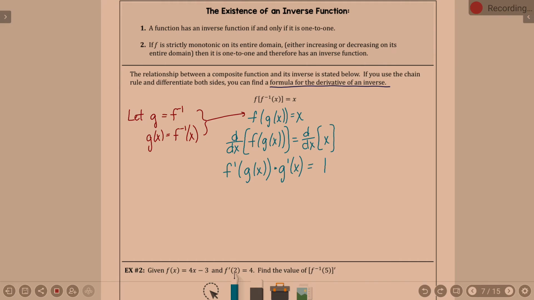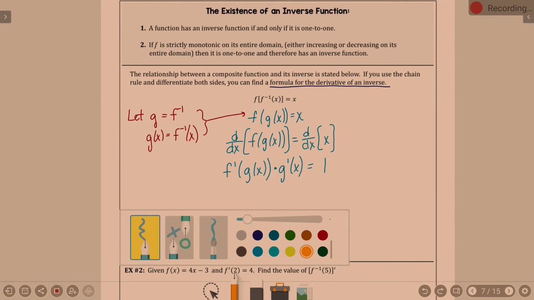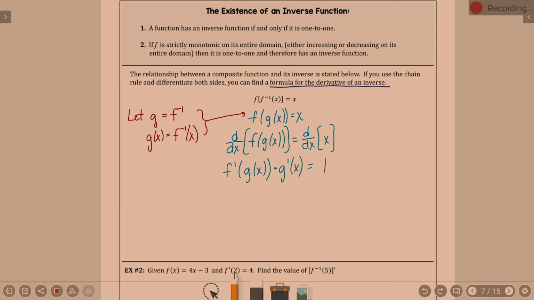Okay. We're trying to find a formula for derivative of the inverse. So my question to you, what am I solving for? What am I trying to get this equal to? Derivative of the inverse. What's the inverse? G. So I'm trying to find G prime of X, yes? Yep. So how do I solve this for G prime of X?